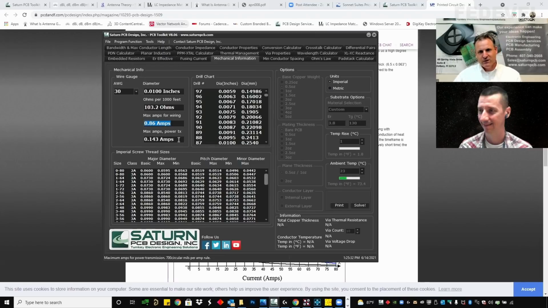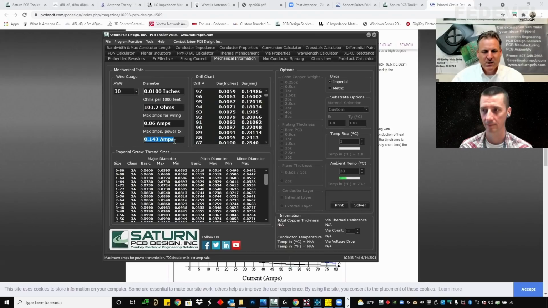The spec that I took this from separated max amp for wiring and maximum amps for power transfer, meaning I think the maximum amp for wiring is the maximum you want to put through that thing before the insulation starts burning up or something like that.